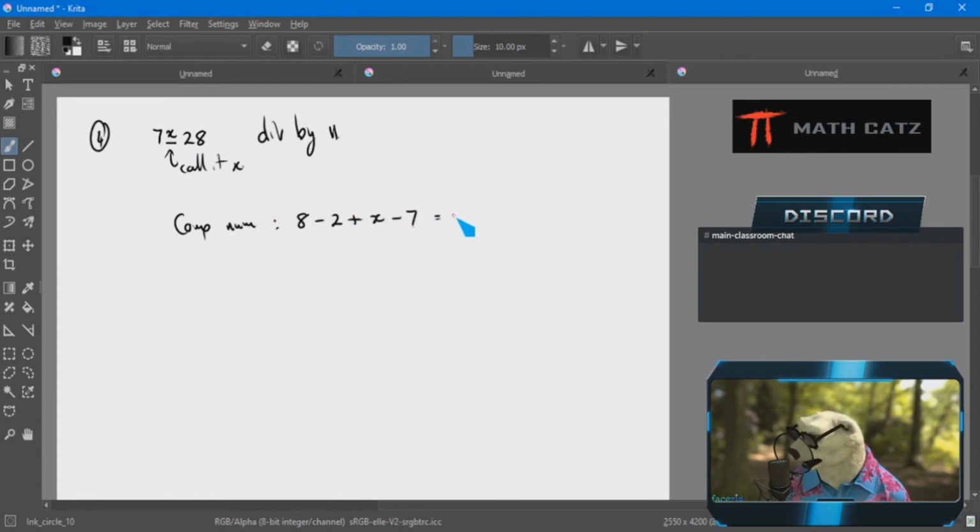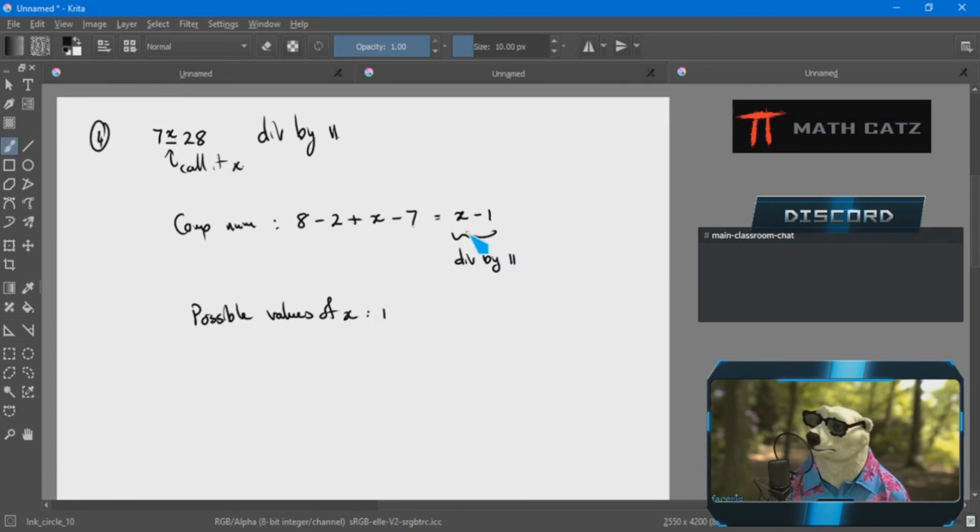So I get x minus 1. This has to be divisible by 11, and x is a single-digit number. So it's not hard to see my possible values of x can only be 1.